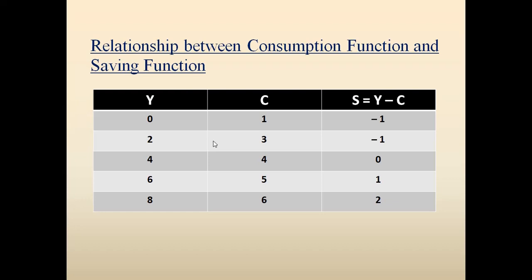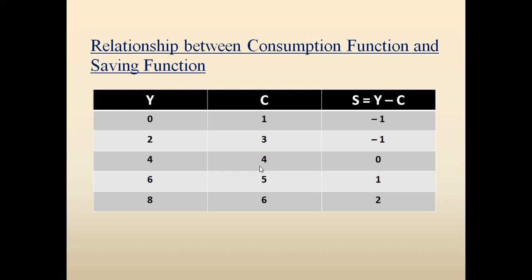We already know that. Now when your income increased from 2 to 4, let us assume that your consumption also increases. At this point of time, let us assume that income equals consumption, that is Y equals C. In this case, your saving will be 0. And again, your income has increased from 4 to 6. We already know from the consumption function that with an increase in income, your consumption also increases.